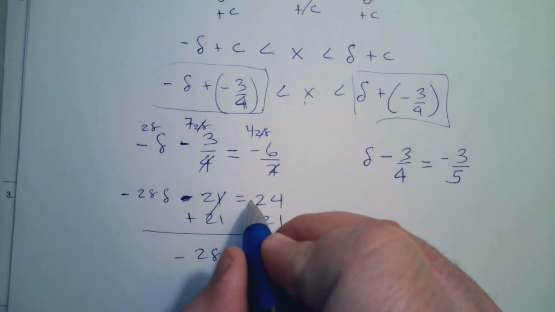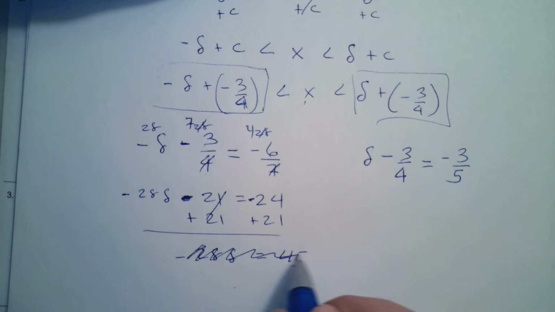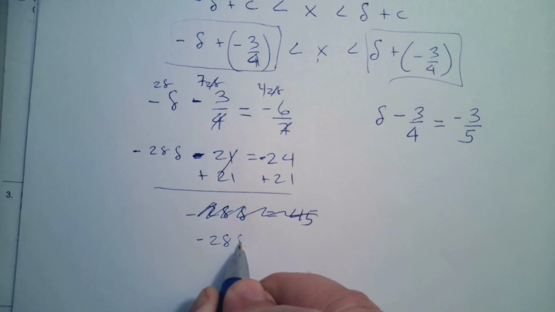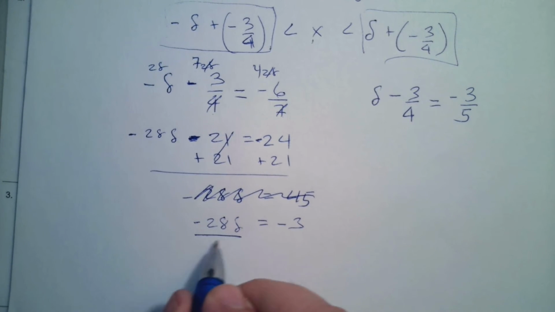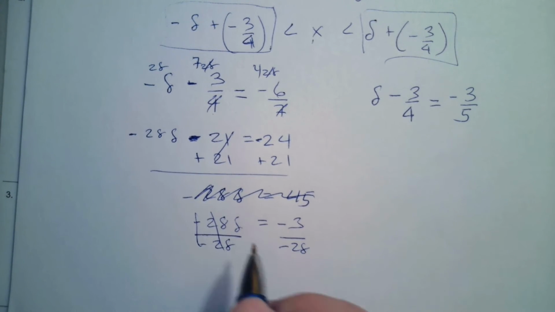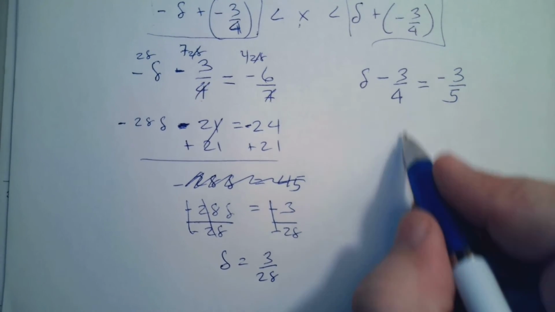No, it's going to be negative. Oops, that's wrong. So when I add it, I get negative 28 gamma equals negative 3. Divide by negative 28, and we have gamma equals 3 over 28. That's one of them. Let's look at the other side.